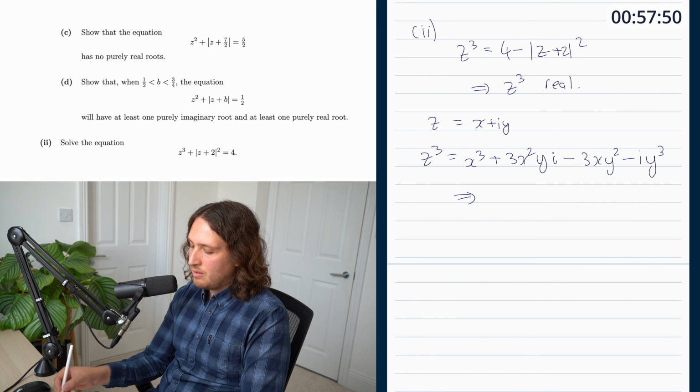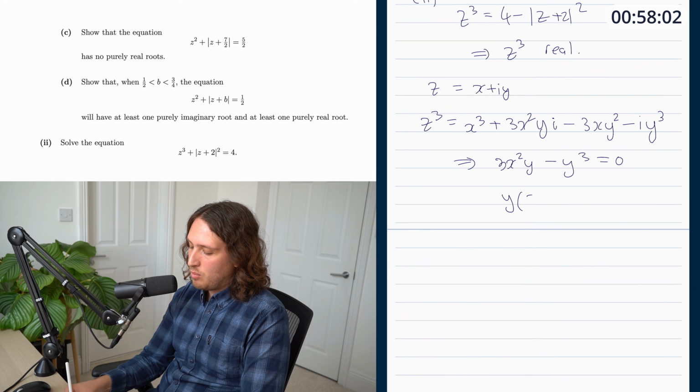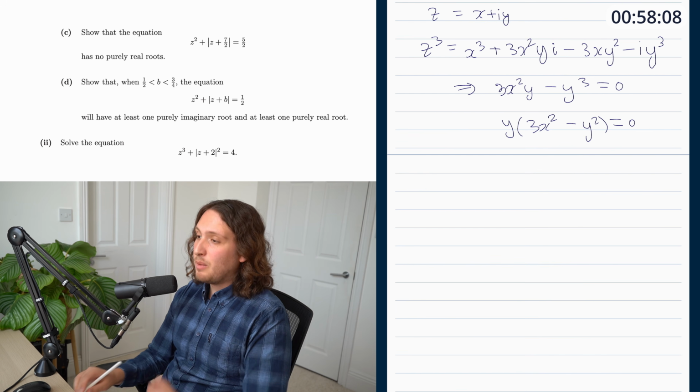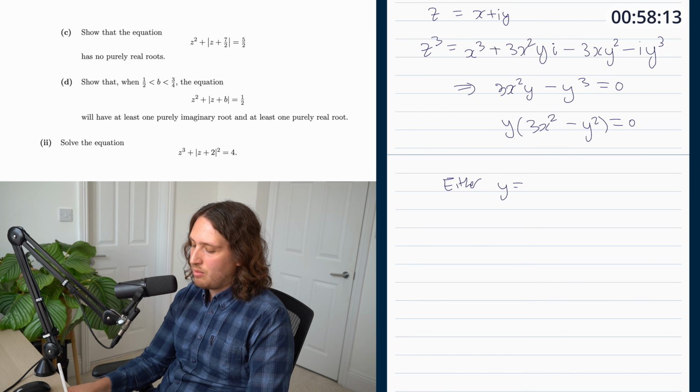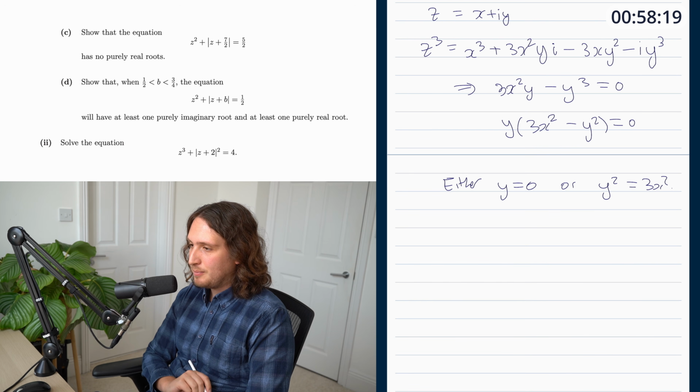So that tells me that 3x squared y minus y cubed is 0. That tells me y times (3x squared minus y squared) is 0. So I don't get that the roots are real or imaginary, but I get that either y is 0, that would be pure real, or that y squared is 3x squared as my other case.